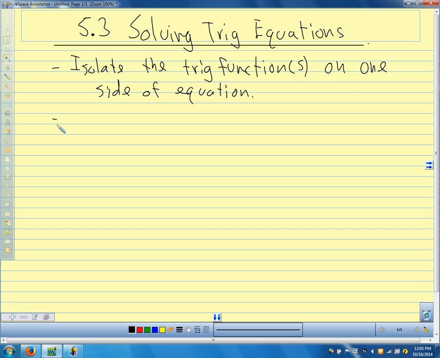And then we want to solve for all the angles that make the equation true.